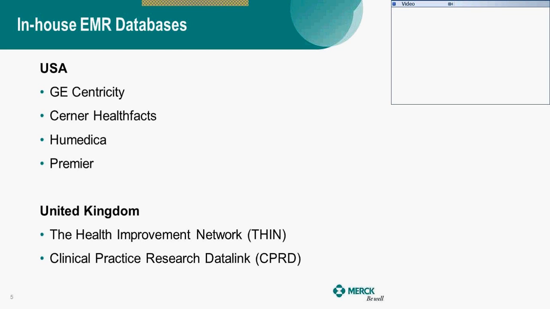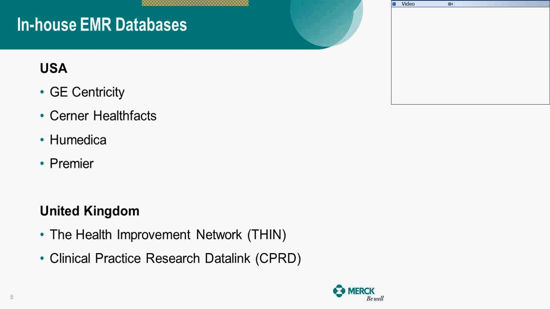For example, we do have here Geocentricity, which is sometimes called QUILs. This is mainly outpatient or physician data; most of the data there is physician-centered. We have Cerner Health Facts, which is mainly hospital data.